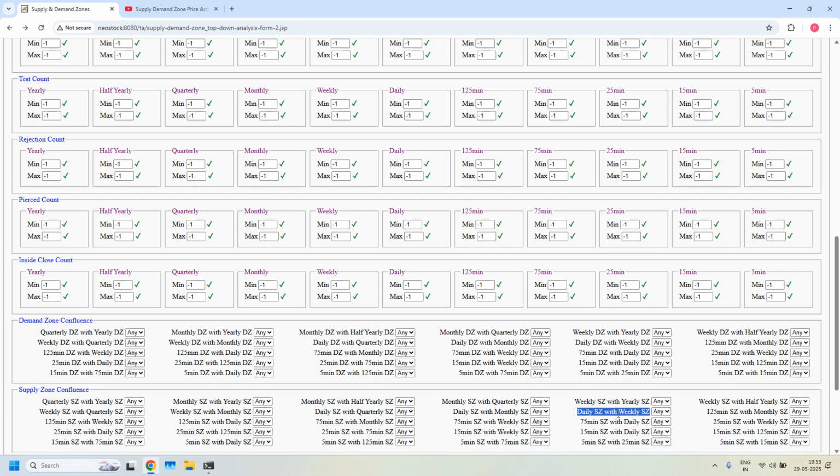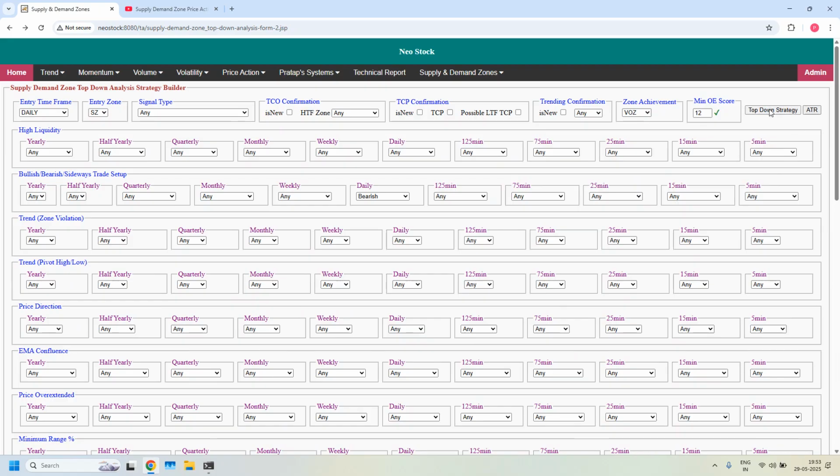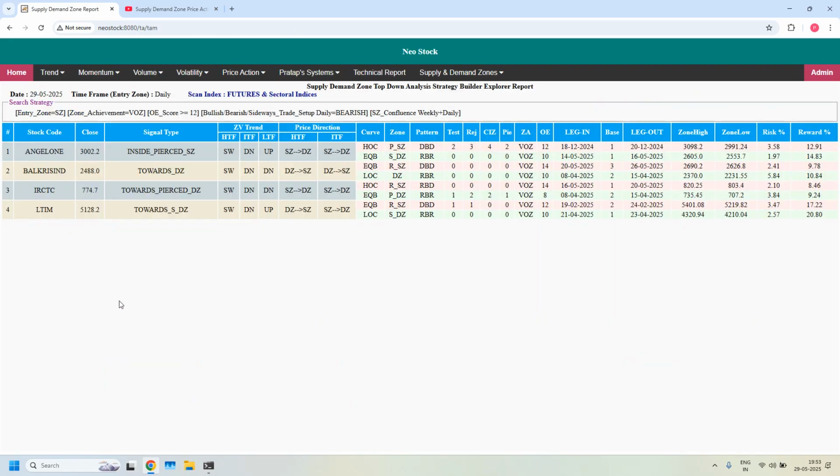So daily supply zone with weekly supply zone confluence parameter I am selecting. Now by applying this parameter on the 4 stocks, we got all 4 filtered. That means in all these 4 stocks, these daily supply zones are overlapped with weekly supply zones. That is what it means.